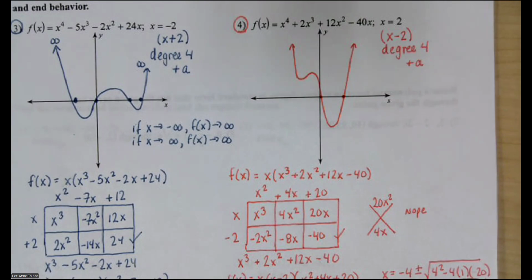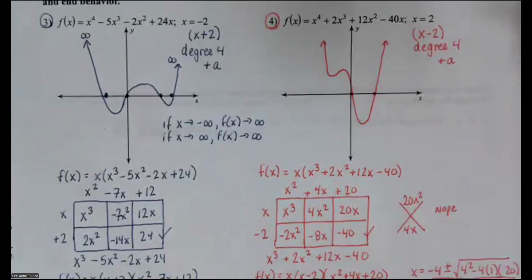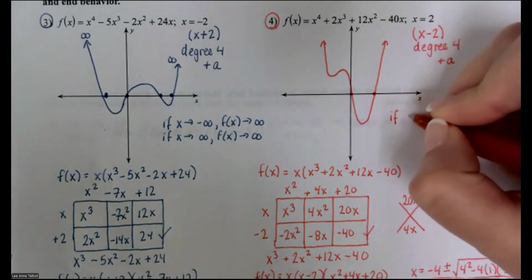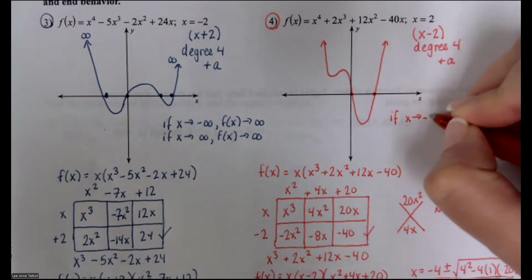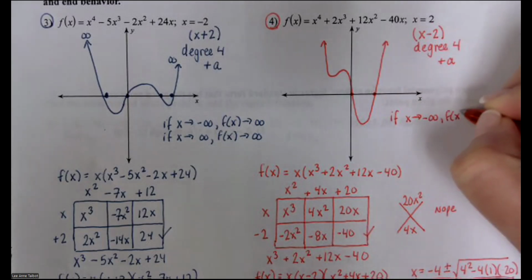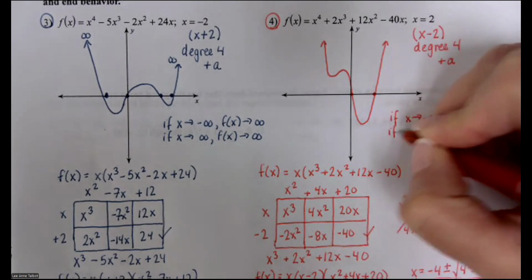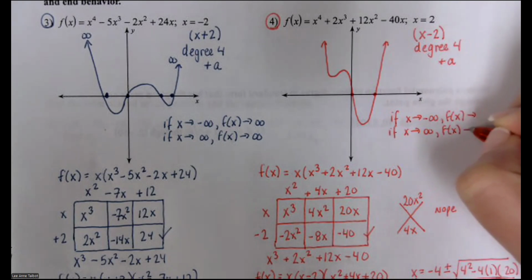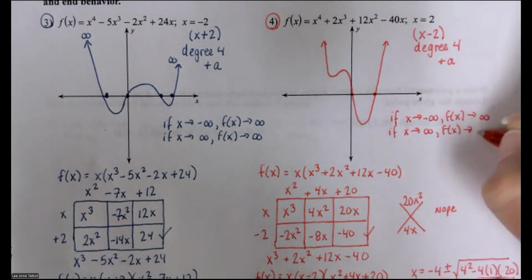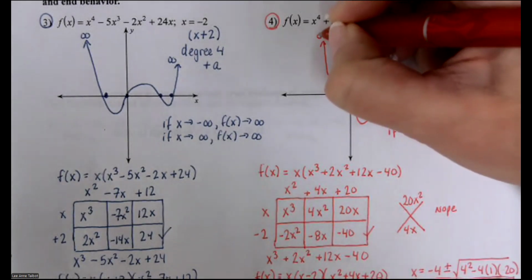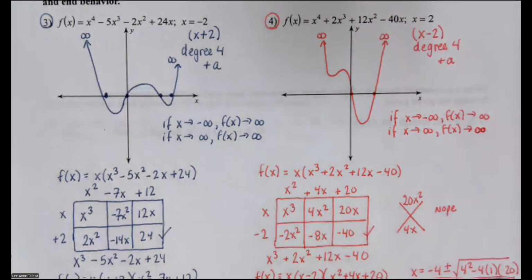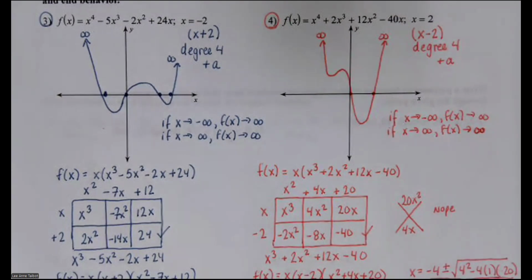I think the inflection point is a thing, but anyway. And both of my arrows are going up. There are some really weird polynomials.